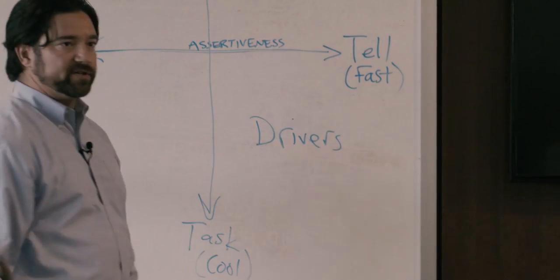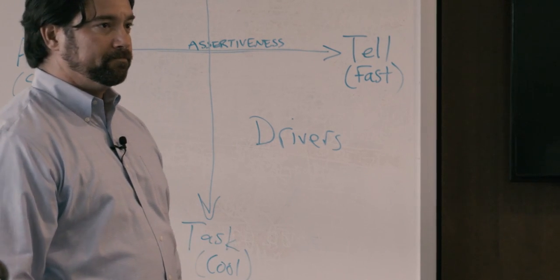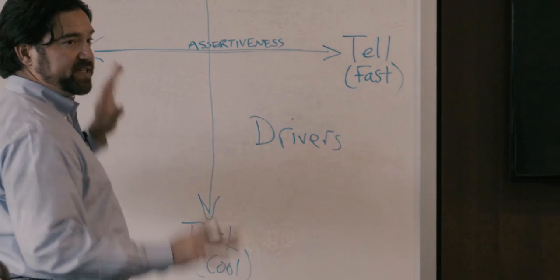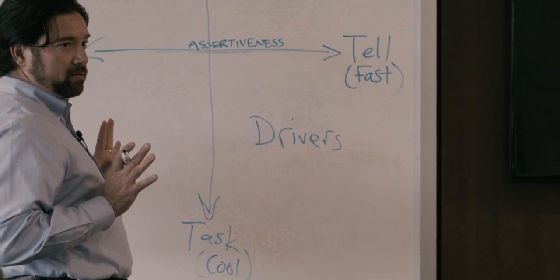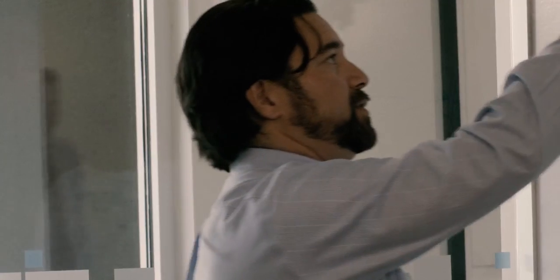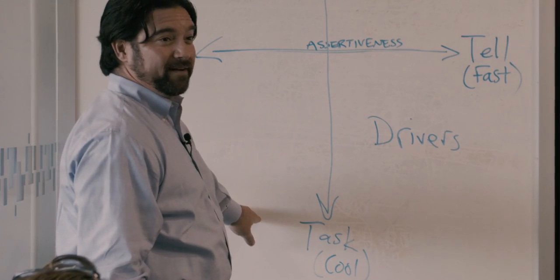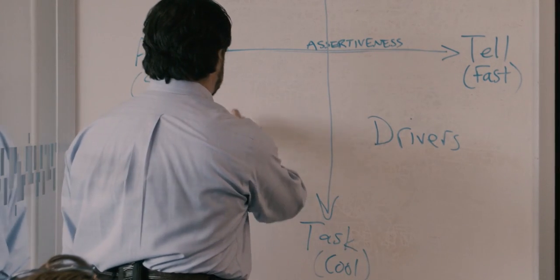We call these people drivers. When we get to the warm people who tend to be a little bit more ask-assertive, these are what we call amiables. And when we get to our ask-assertive people who are a little bit cooler, these are where we get to our analytics.